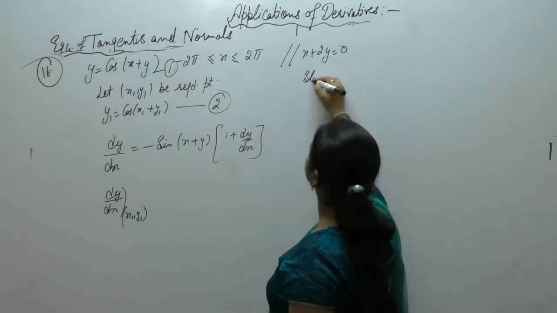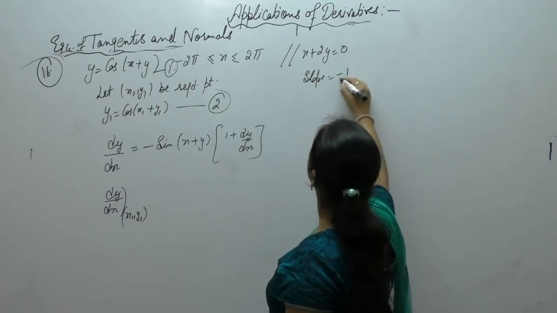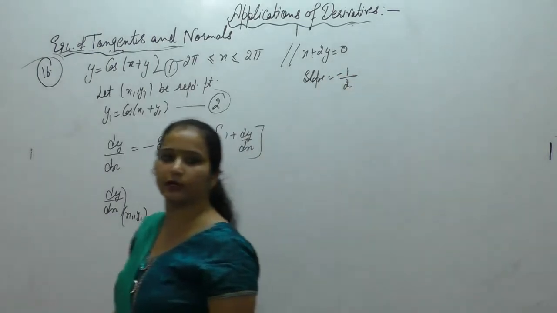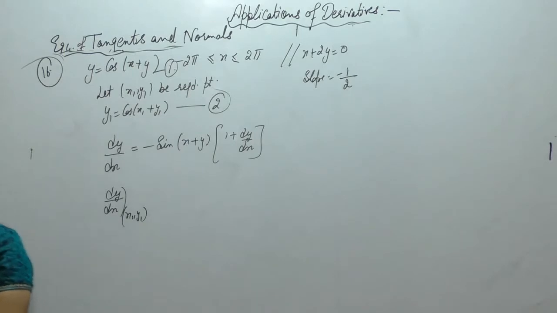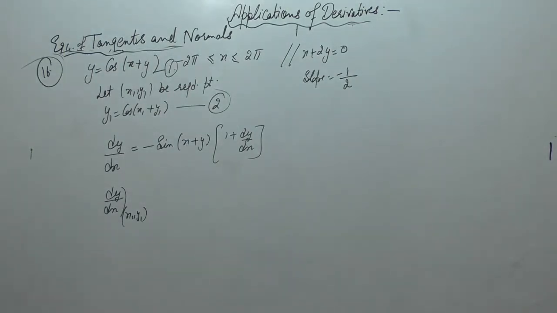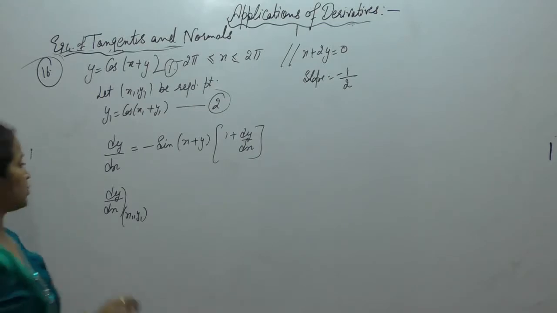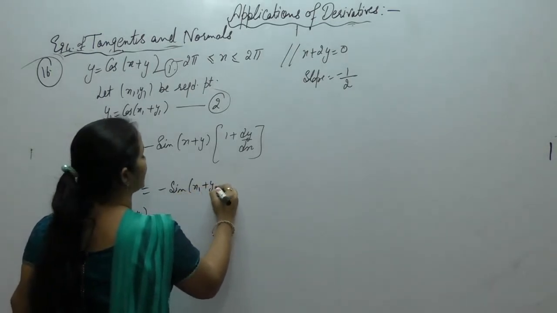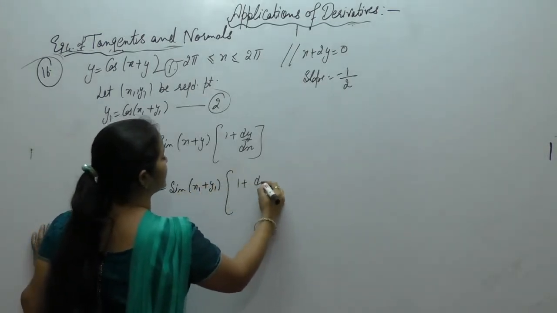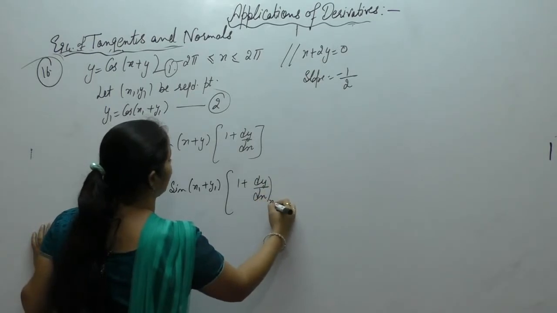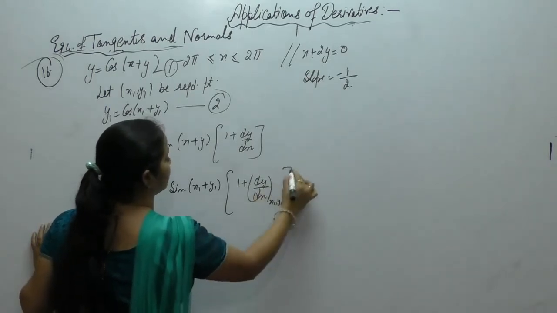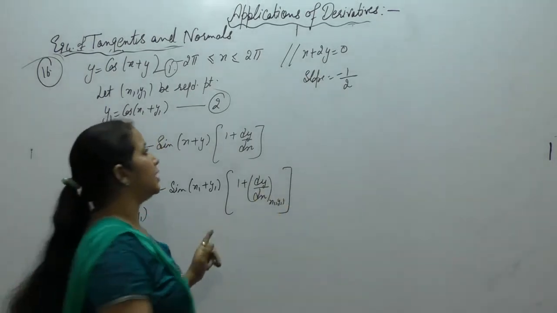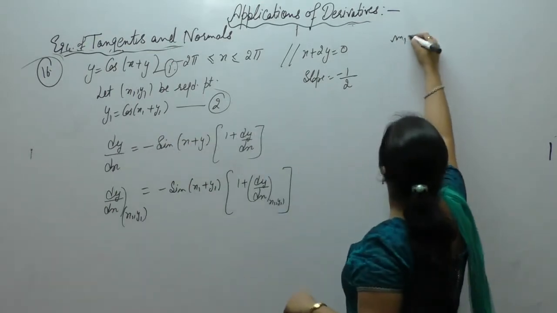Now the slope of this line is minus coefficient of x upon coefficient of y. Now the slope of this at (x1, y1) is minus sine of (x1 plus y1) times (1 plus dy upon dx at (x1, y1)). Is it clear?